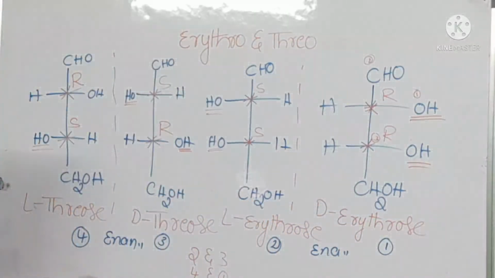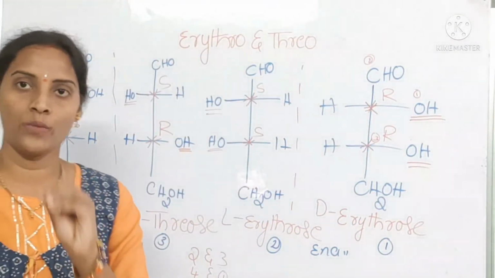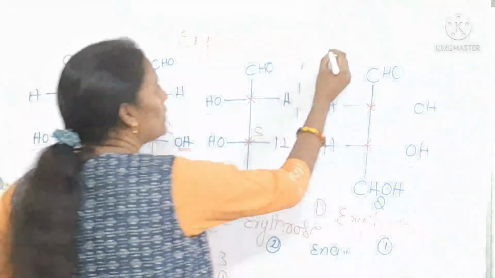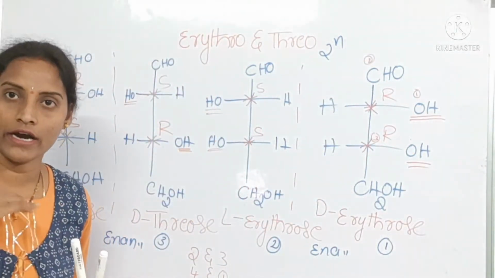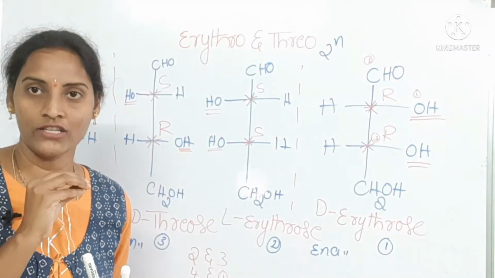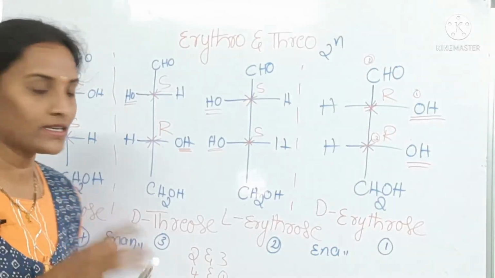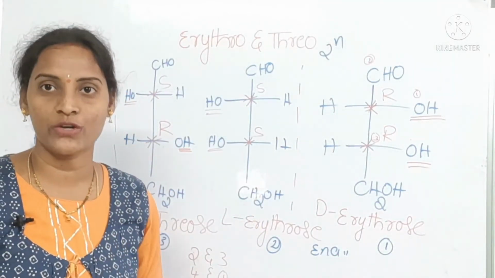Okay, see, why are 4 isomers possible here? Because we already know 2 power n is the formula to identify how many isomers are possible for that particular molecule. Is that clear here? n is the number of stereo centers or number of chiral centers.